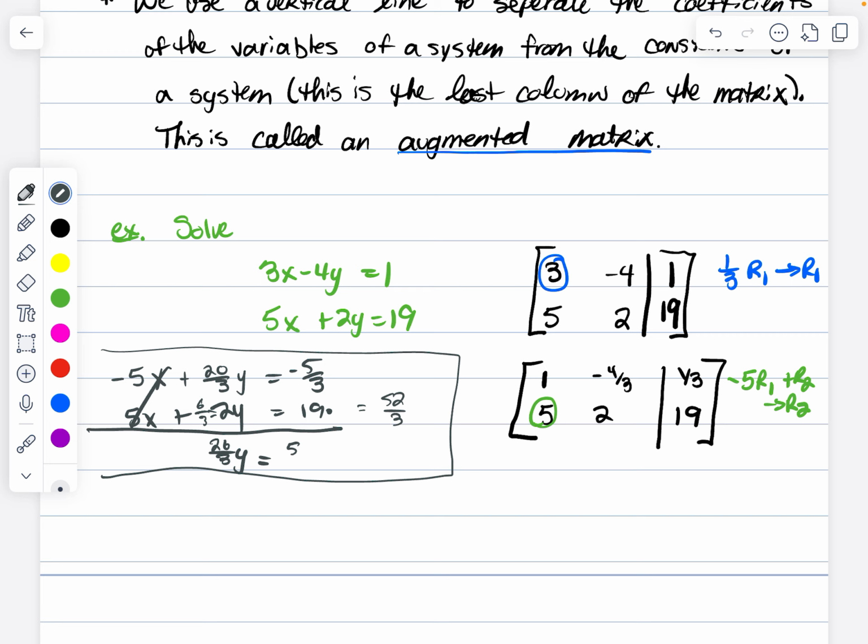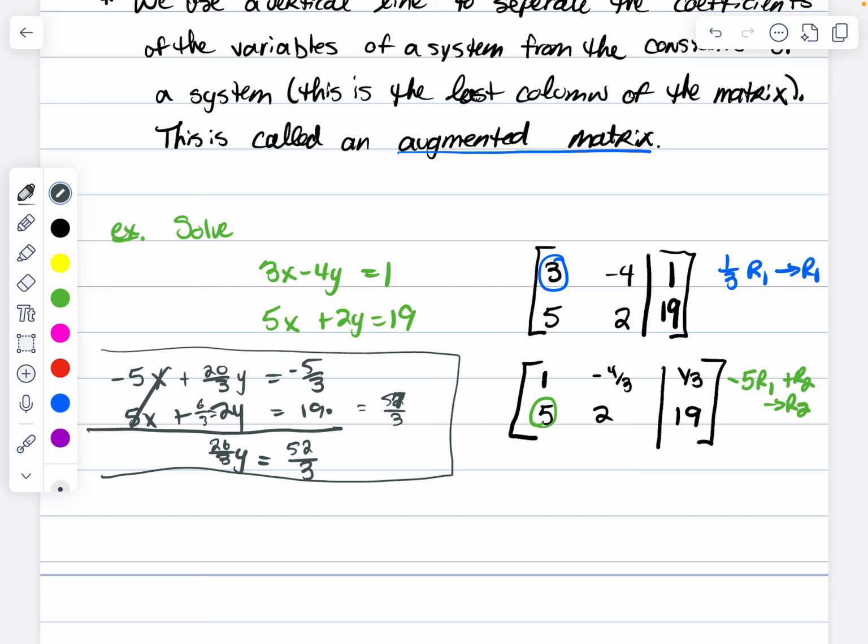Actually, 19 times 3 is 57, so this is 57. But when we add it, we end up with 52 over 3. That's just preliminary work; feel free to do it on scratch paper.